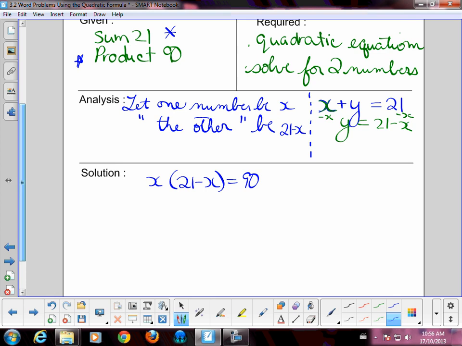Now it's just a matter of expanding, simplifying and solving. We distribute the x through, so we end up with 21x minus x squared equals 90. We're going to get everything in the nice order that it should be, subtracting 90 from both sides: 21x minus x squared minus 90 equals 0. So we have our equation equal to 0.